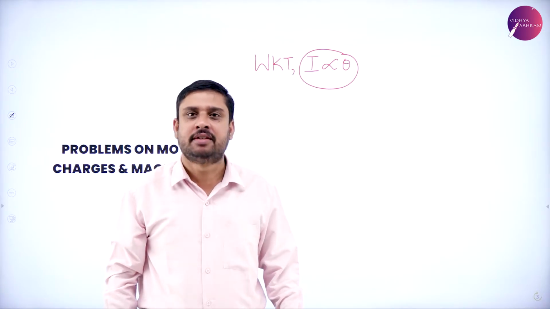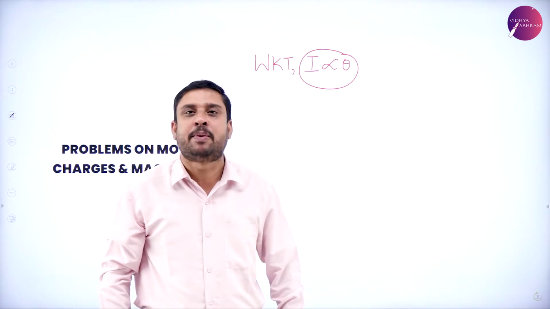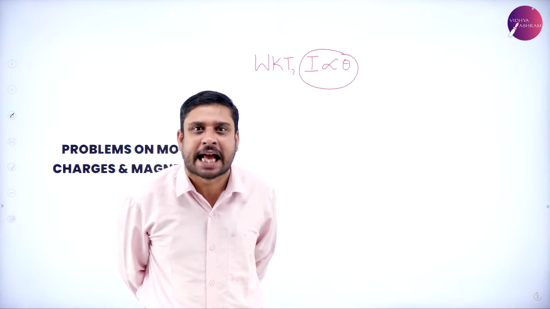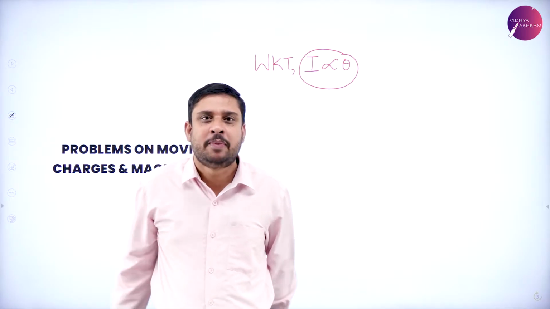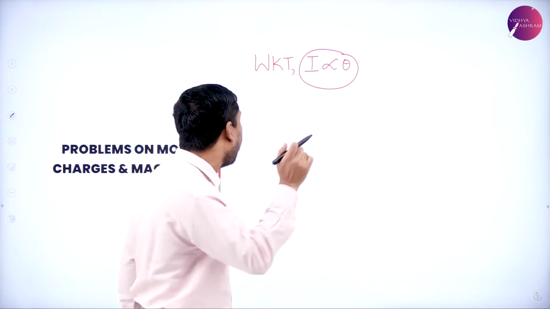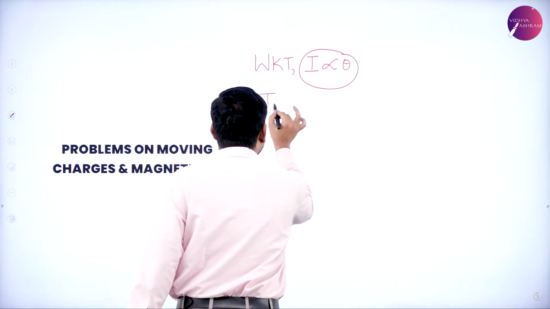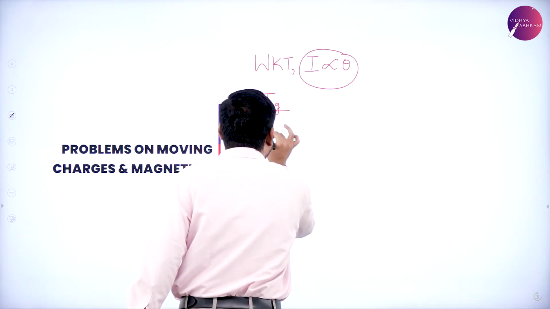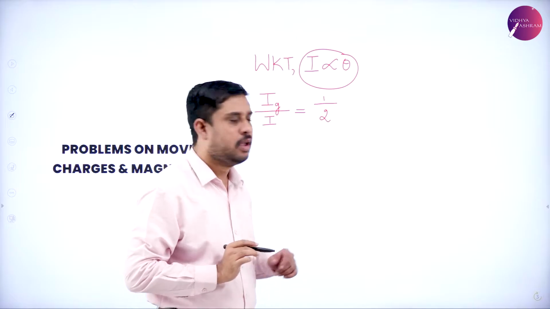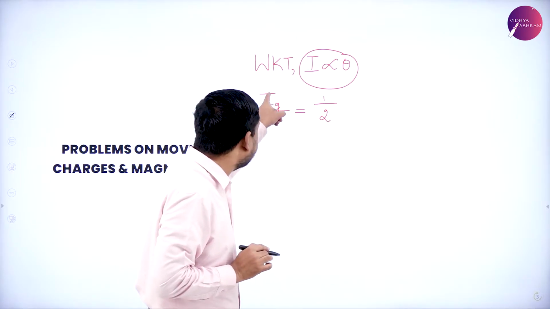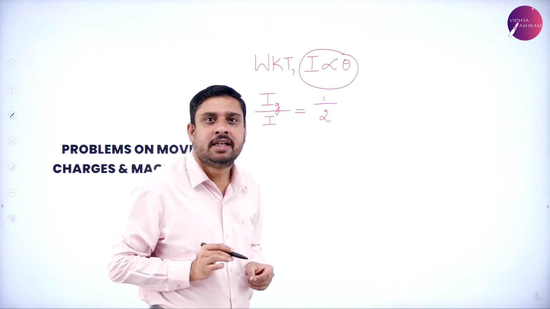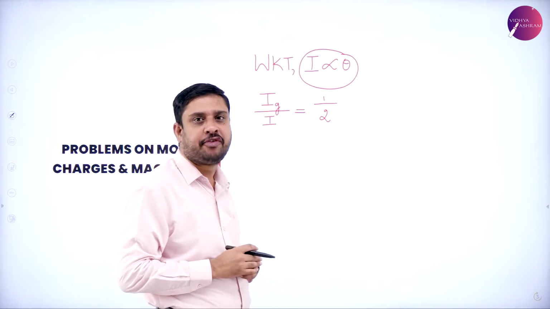Since the deflection is reduced to half, Ig by I is equal to half. The current flowing through the galvanometer to the main current is reduced to half.